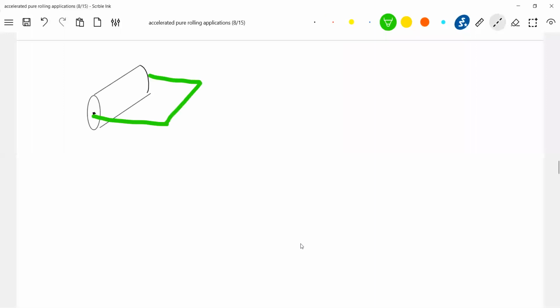Now let's take some examples here. If it is a roller like this, we roll it on a surface, no?